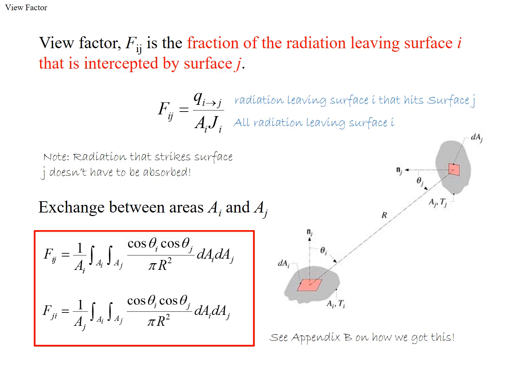But because this may be very time consuming and you may not be very interested at this point in seeing the derivation, I've put it in the appendix in case you're interested. Go to the appendix of this lecture note and take a look to see how we actually derive these. It has to do with all those radiation intensities and all those relations that we derived and looked at in the previous lecture. So what you know will help to derive these relations. But for now, we just want to do radiation analysis, and that's why we want to see how we should use these relations, not how we derive them.